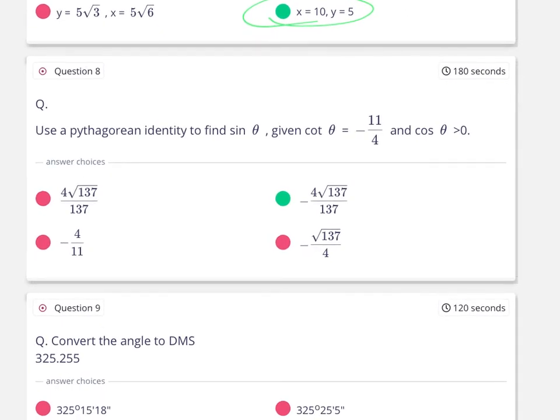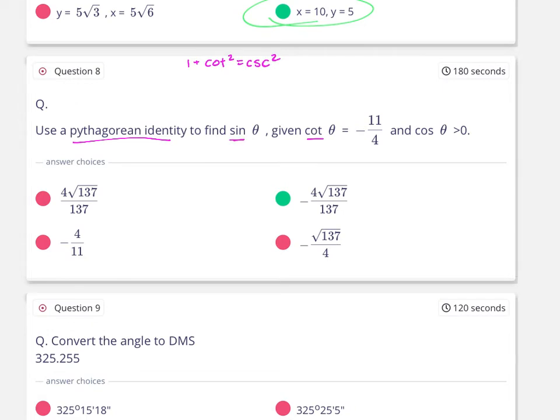Number 8 says use the Pythagorean identity to find sine given the cotangent of theta is negative 11 over 4, and cosine is greater than 0. The Pythagorean identity involving cotangent would be 1 plus cotangent squared equals cosecant squared. I'm looking for sine at the end though, so I'm going to have to remember to flip.